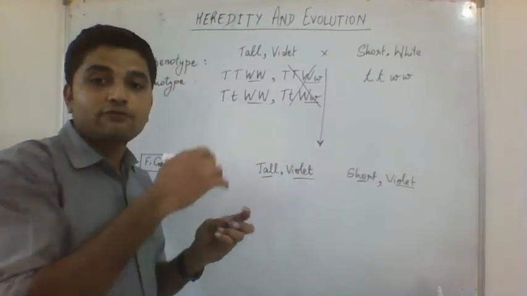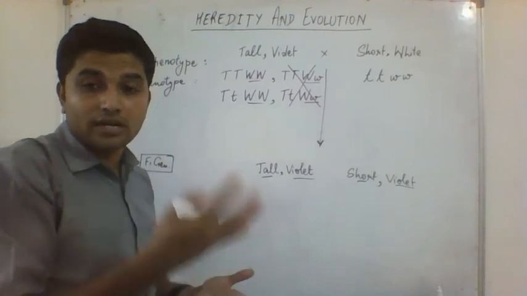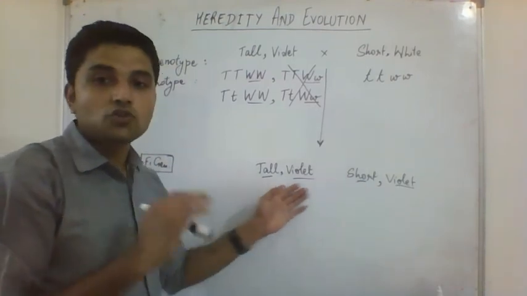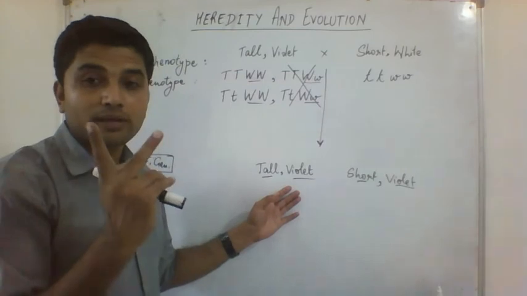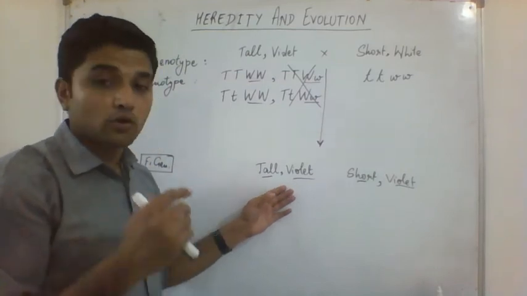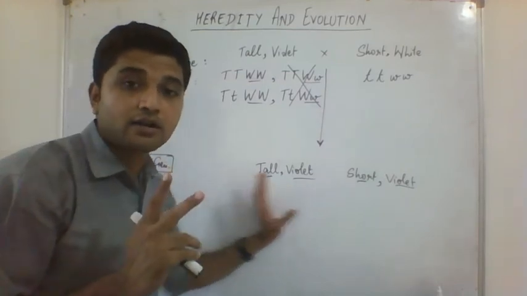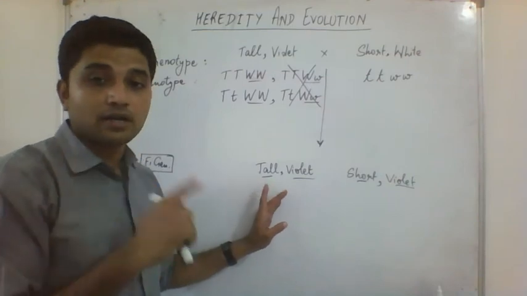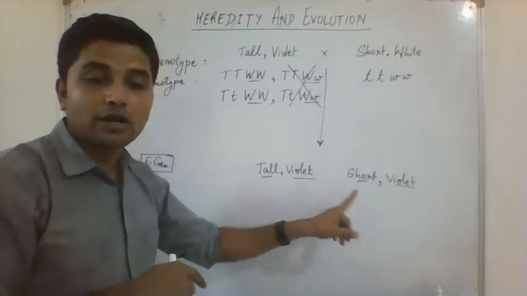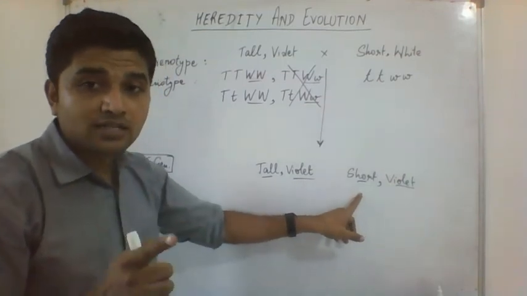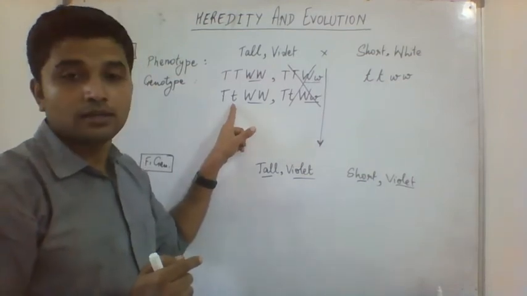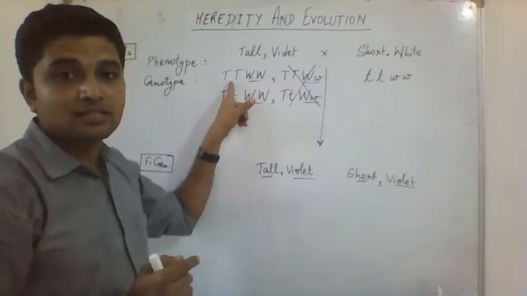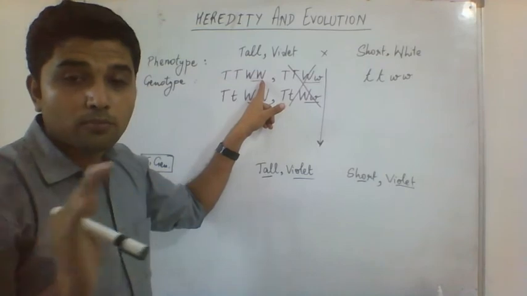That means the factors for height of the plant are not pure. Both of them are not capital T, because if it was capital T, again 100% of the plants would be tall. But here 100% of the plants are not tall. Half of them are tall, half of them are short. Short plants come from small t, not from capital T. So this genotype is not possible.